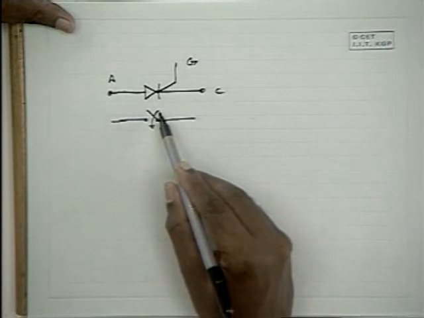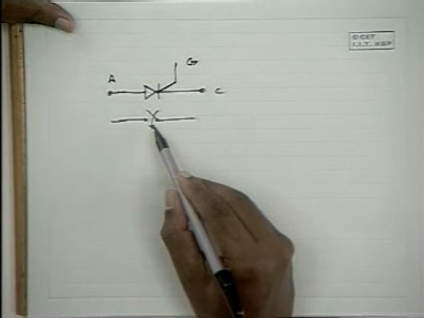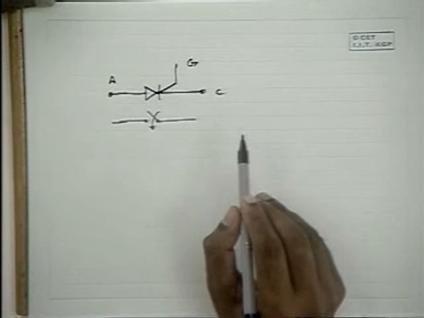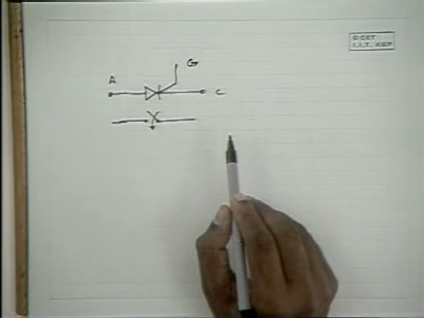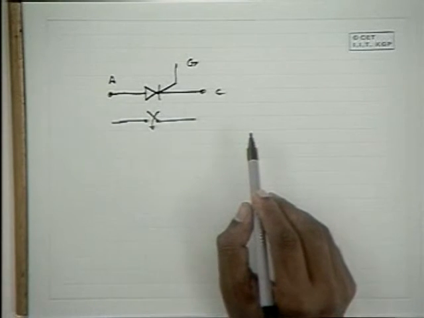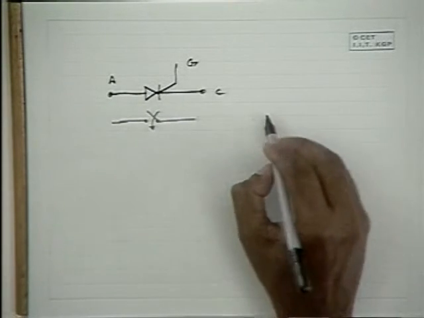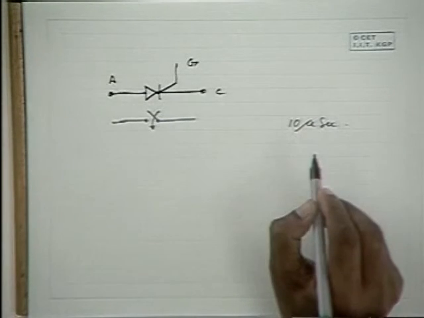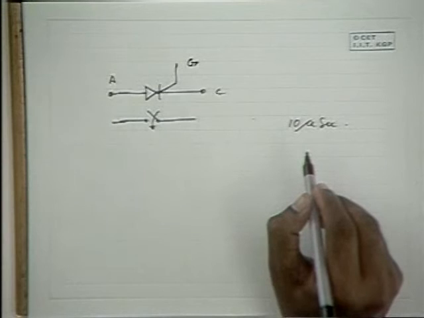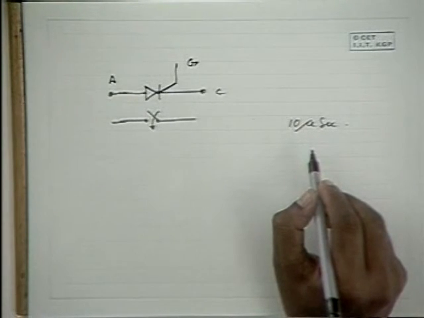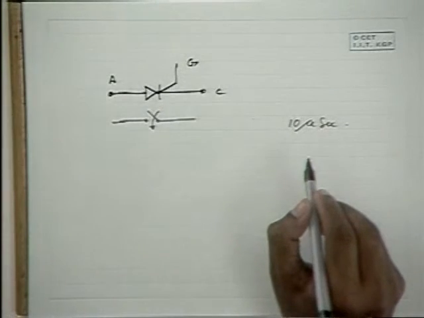The time that is taken for the switch to be turned on is very small, of the order of microseconds. It is of the order of 10 microseconds in the case of low power circuits, and of the order of 100 microseconds in the case of high power circuits.